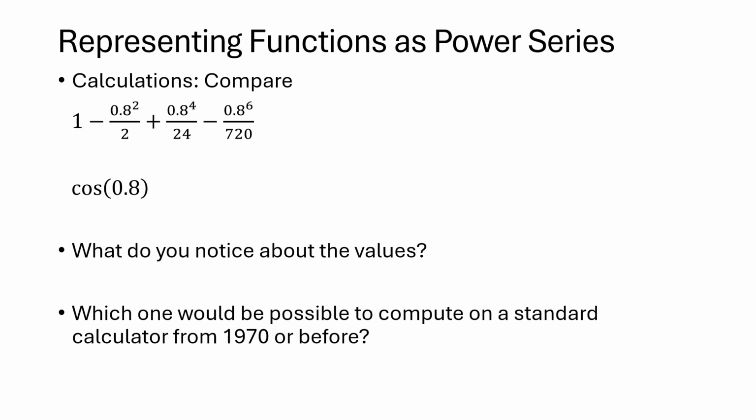Okay, here's a quick fun fact that's mixed in. Scientific calculators did not hit the market until the 1970s. The first company to put out a scientific calculator was Hewlett-Packard.